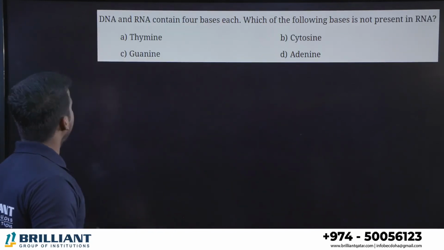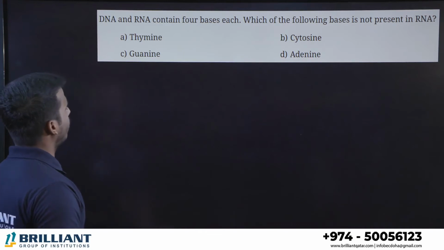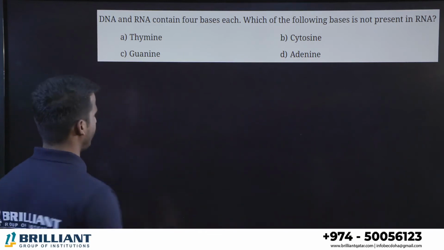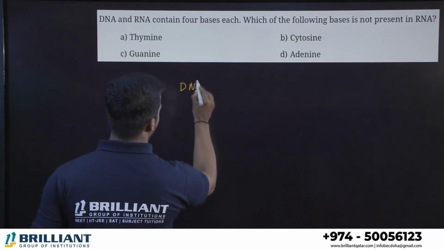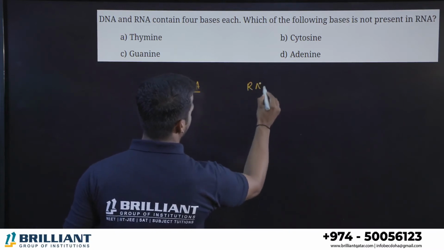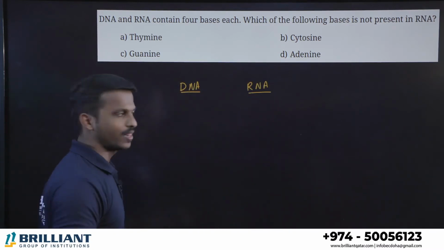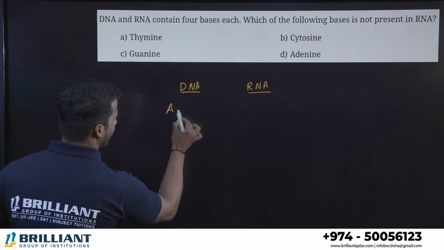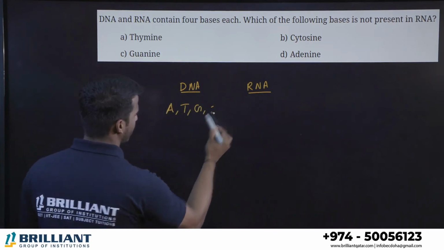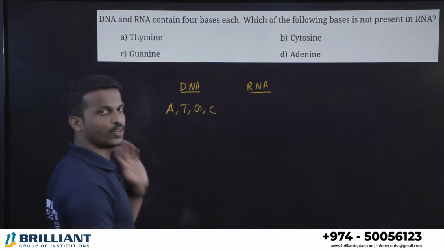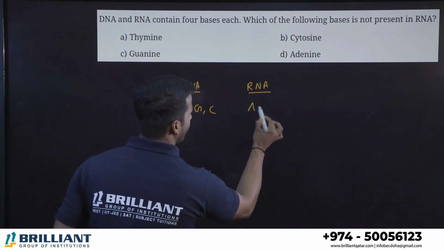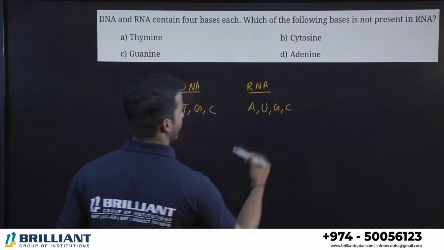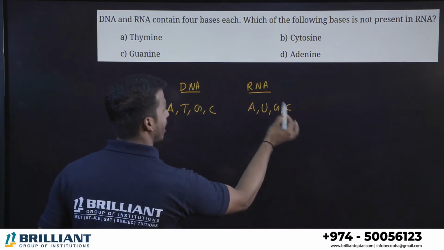Here, DNA and RNA contain 4 bases each. Let me tell you, in DNA and RNA, 4 nitrogen containing bases are there. What are they? DNA contains ATGC, adenine, thymine, guanine, cytosine. RNA contains AUGC, adenine, uracil, guanine and cytosine.